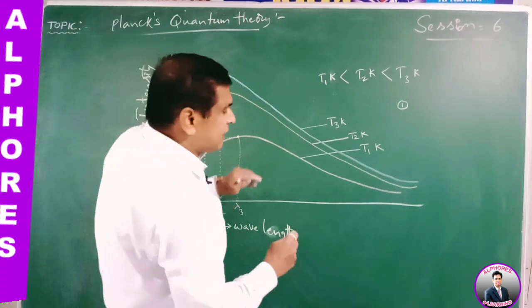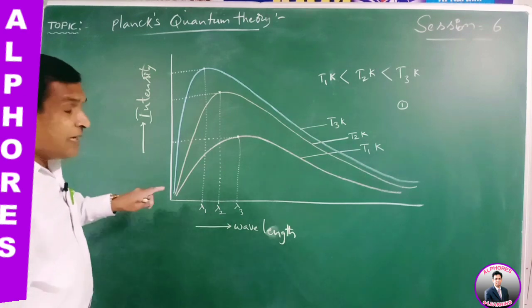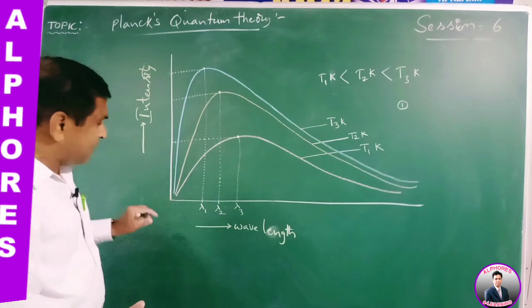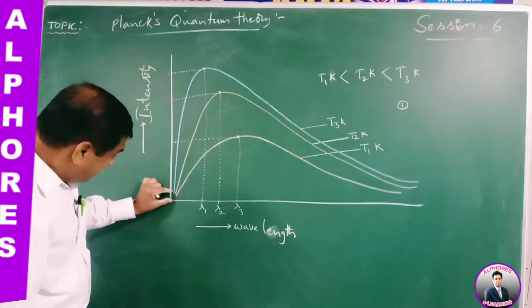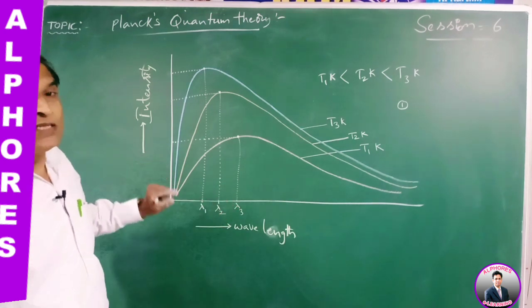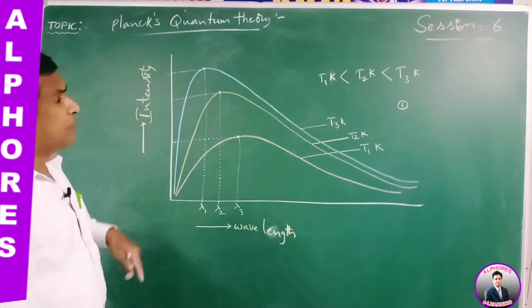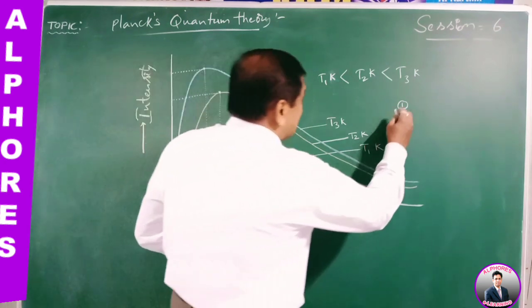You should remember that. What is the first point? Intensity of the radiant energy, or you can say radiation energy, is less for shorter wavelength and longer wavelength light. That is the first point.